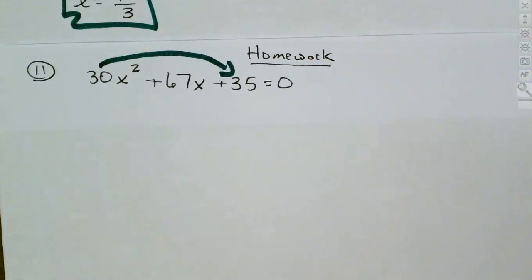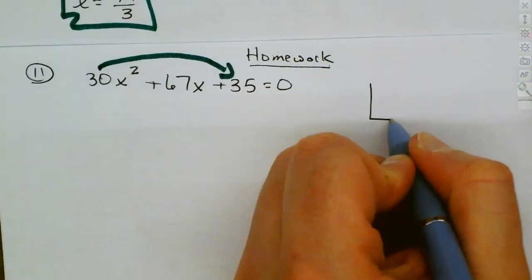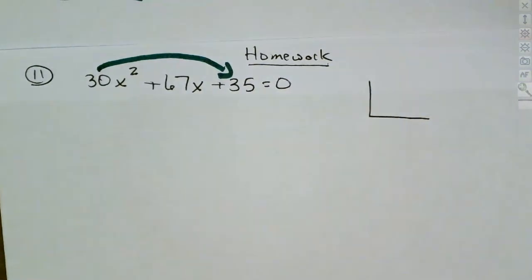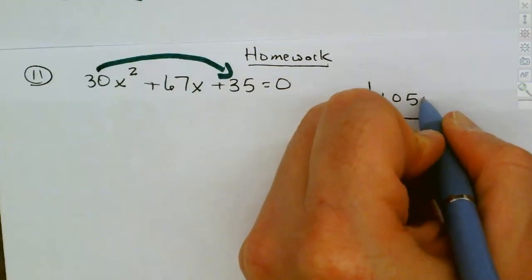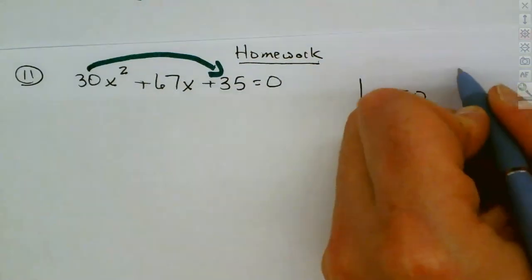Now you may need a calculator here. What's going to go inside of this box? Use a calculator if you need to. 1050, right? Okay. Now, what do we know about the signs? Are they different or are they the same? These are the same.